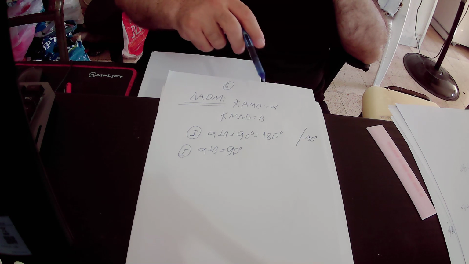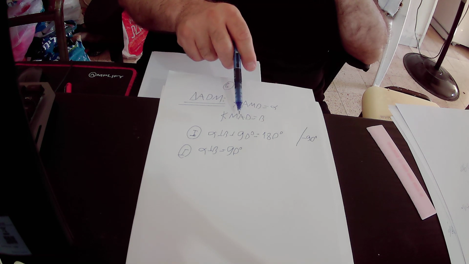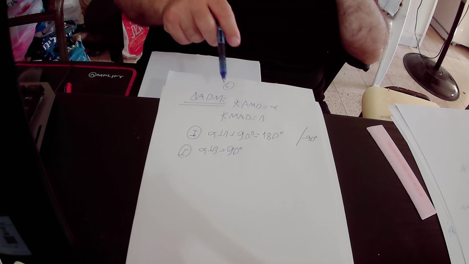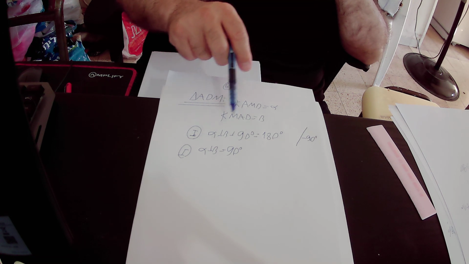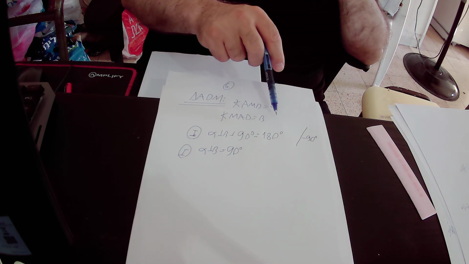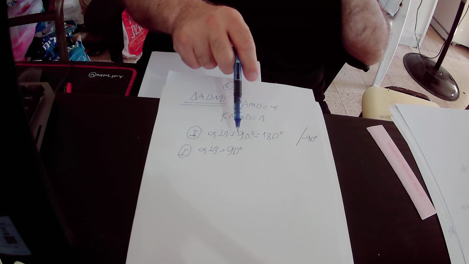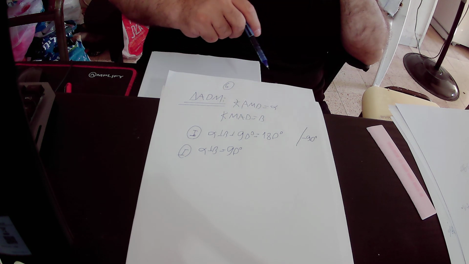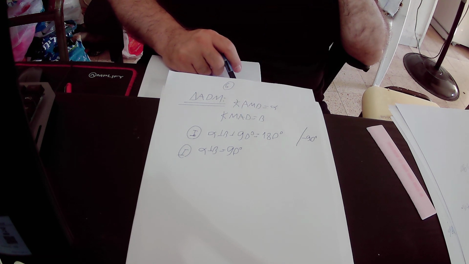So alpha plus beta plus 90 degrees minus 90 degrees equals alpha plus beta, and 180 degrees minus 90 degrees equals 90 degrees. Okay?